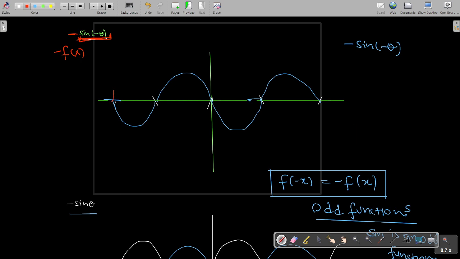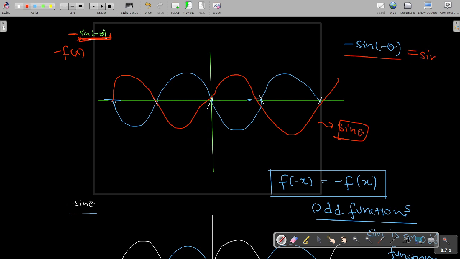So what you have to do is the reflection about the x-axis, and you have to draw it like that. Now this red graph becomes the graph of sine theta. That's why minus of minus sine theta is sine theta. That's how you have to prove it through graph transformations.